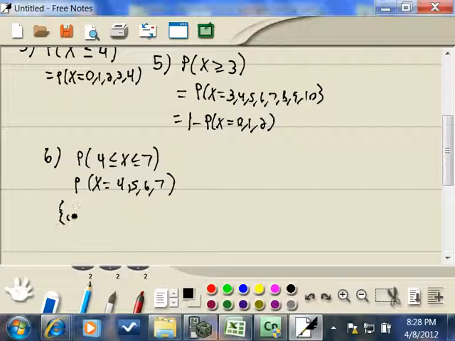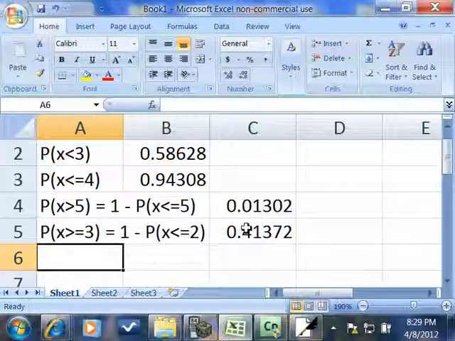Well, imagine if I have 0 through 7. Taking a look at that list, I want to end up with 4 through 7. Ask yourself, what would you cross off? Well, I'd cross off 0 through 3. If I took that list and I cross off 0 through 3, that would leave me 4 through 7. Notice how both of these are going from 0 up to a number. So that's how we're going to put it in.